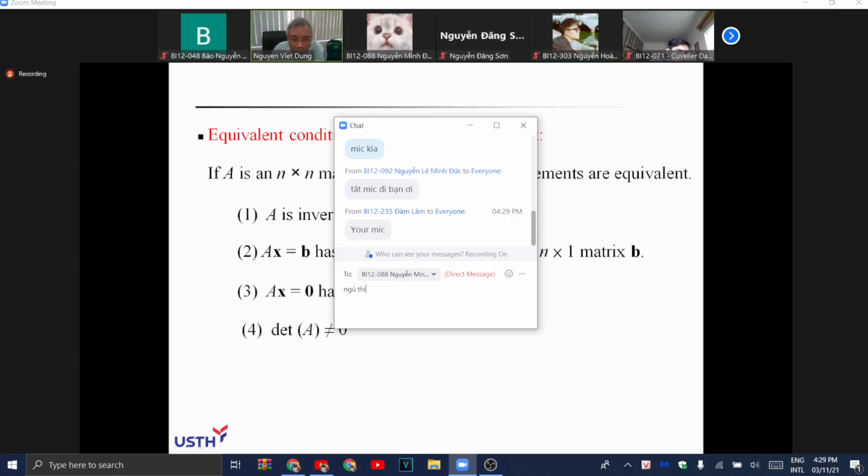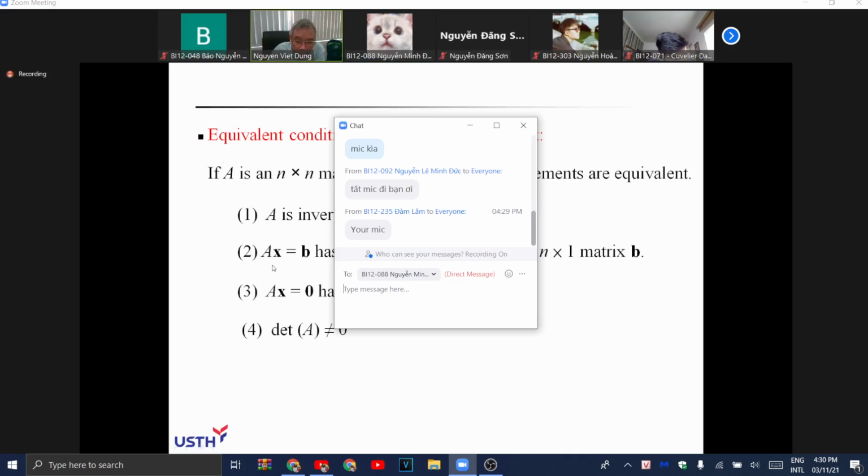So I repeat it here. Suppose that A is a square matrix of order n. Then the following statements are equivalent. The first claim says that A is invertible.